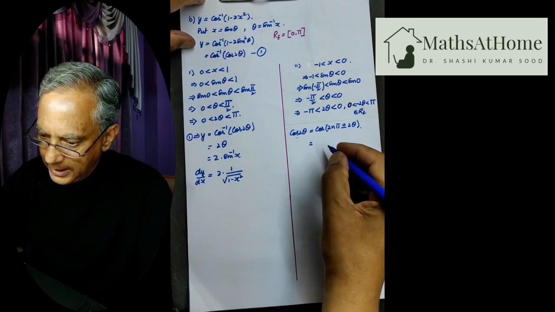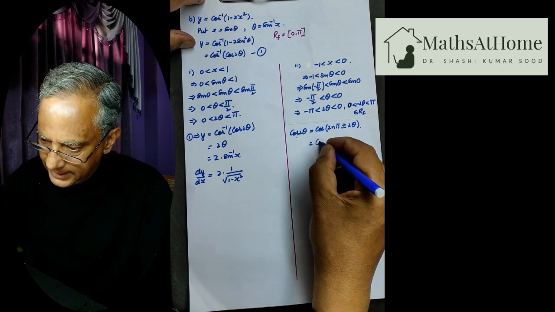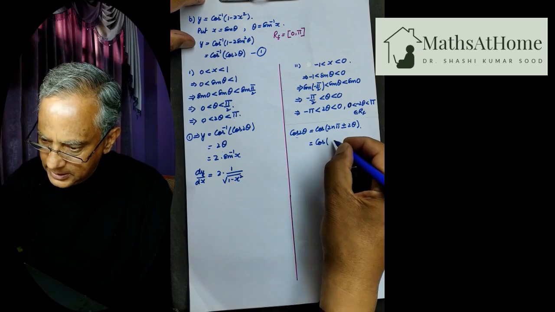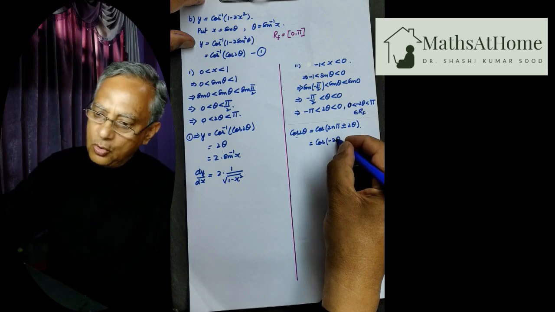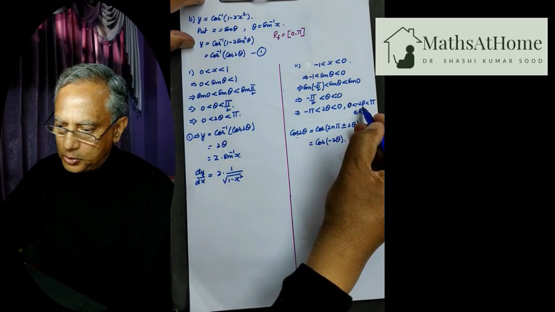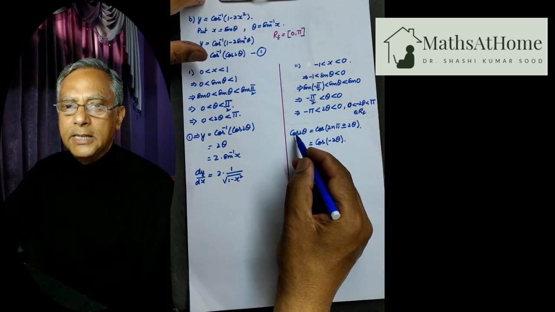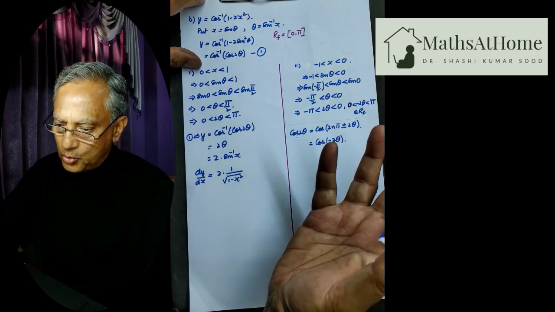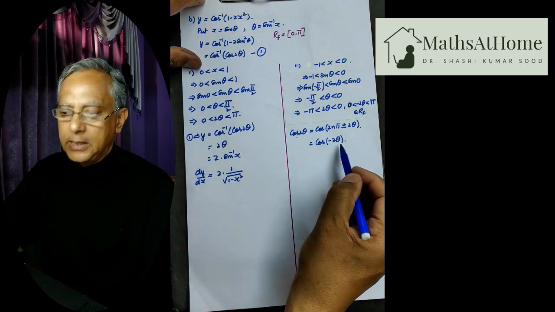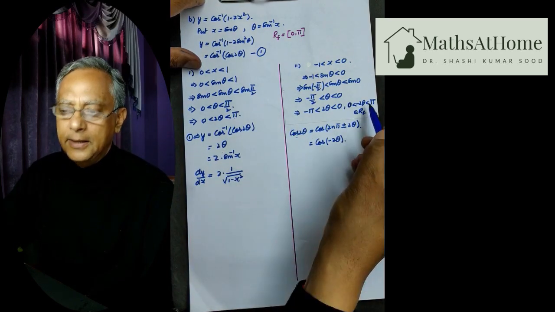So what we write is, we write this as cos of minus 2 theta, n equal to 0. We know cos of minus theta is cos theta, so cos of 2 theta is cos of minus 2 theta, and this is within the range.